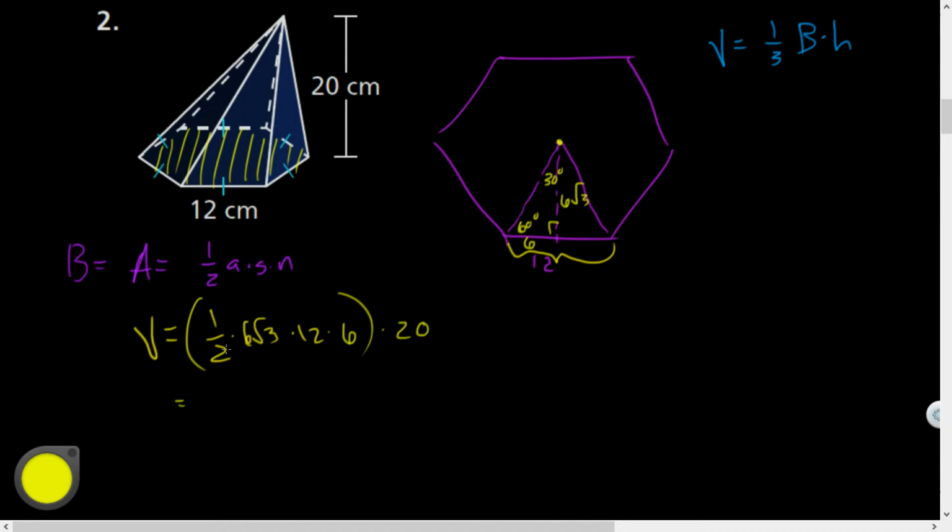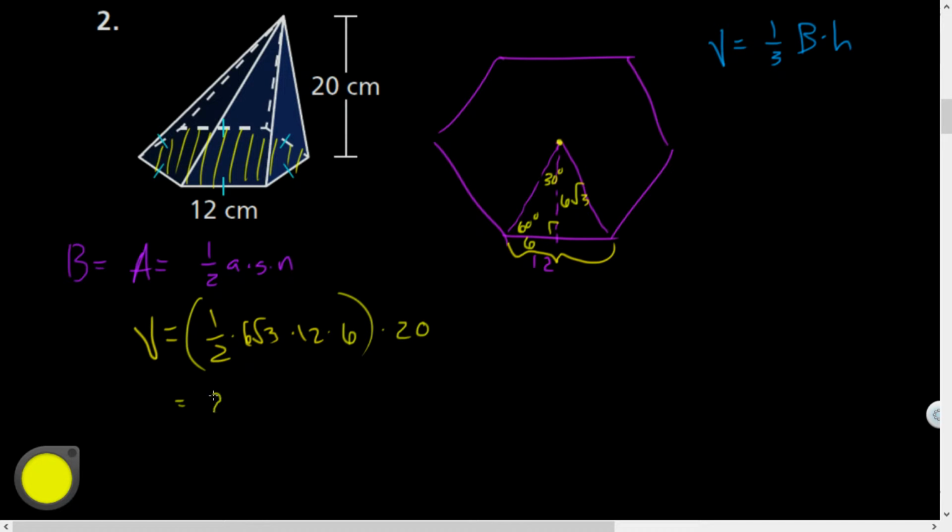So let's see. Half of 6 is 3. I lost motivation there real quick. Let's see. Half of 6 is 3. 3 times this 6 is 18. 18 times 12. Nope. I thought I was going to do it all in my head, but I'm not.